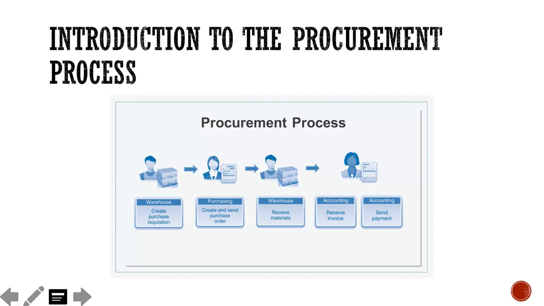In my experience, after the vendor sends the goods over, the warehouse is unable to do a goods receipt because they couldn't find the product. And that's where all the issues come in. Then the vendor will ask for payment, and the accounts payable will not be able to make payment, because there is no three-way match.